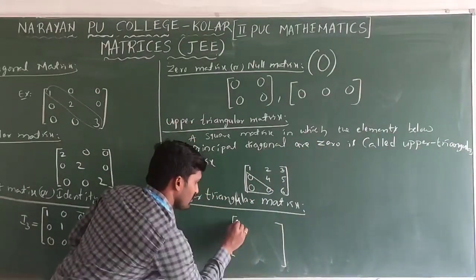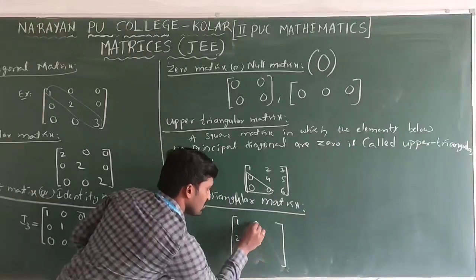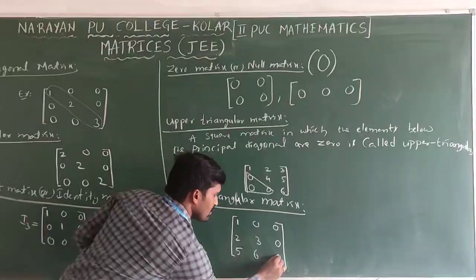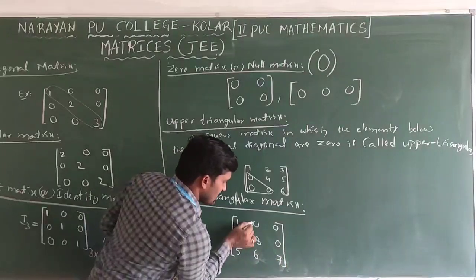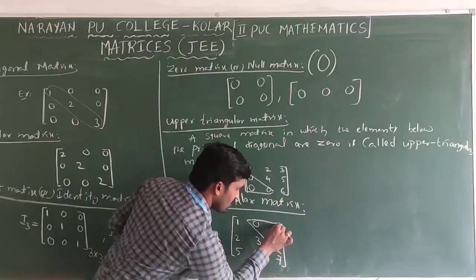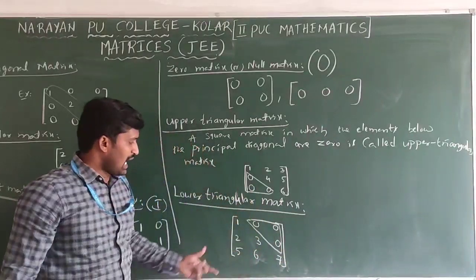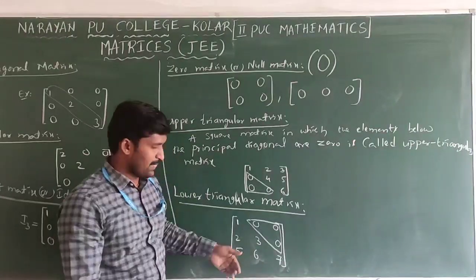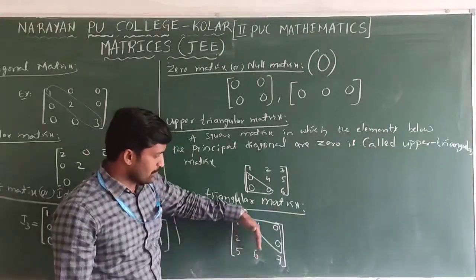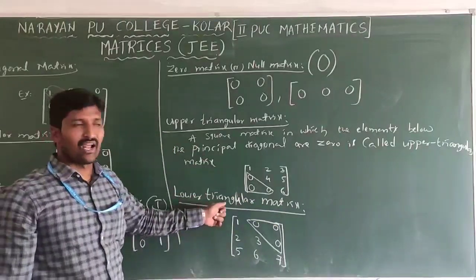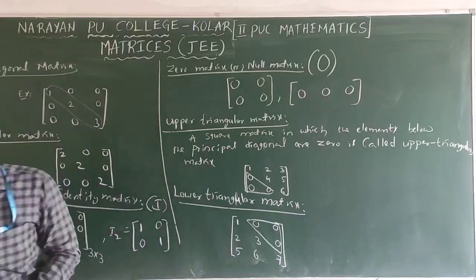Example. See, these are the elements above the principal diagonal, and this 1, 3, 7 is the principal diagonal. In a square matrix, when the elements above the principal diagonal are 0, that is called a lower triangular matrix.